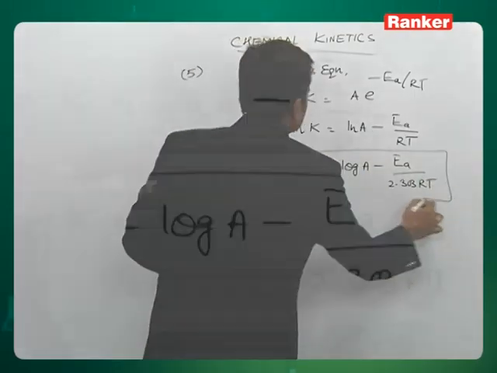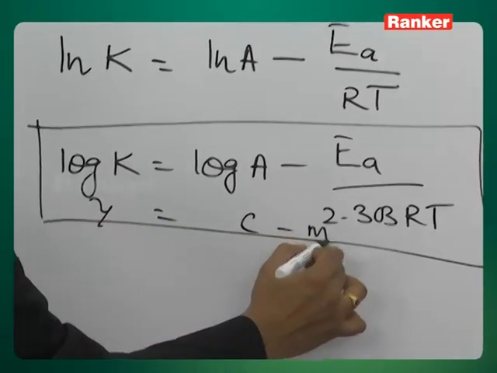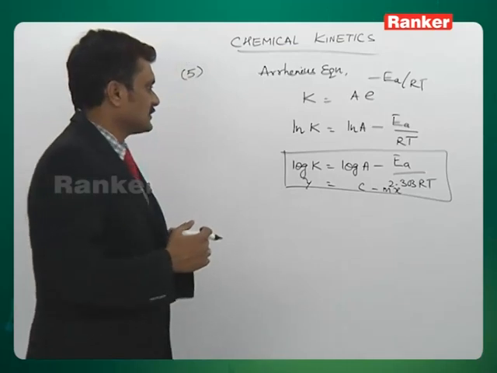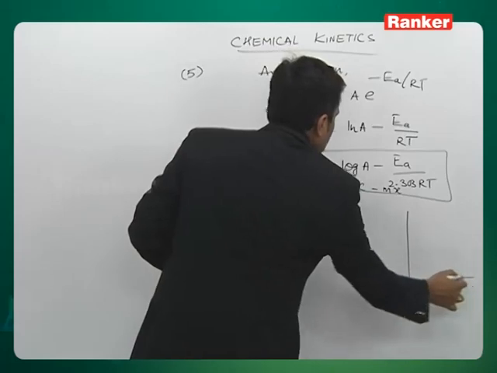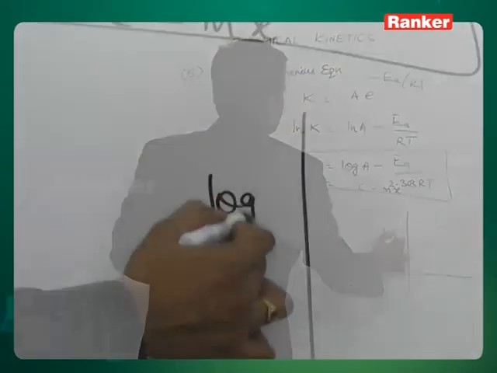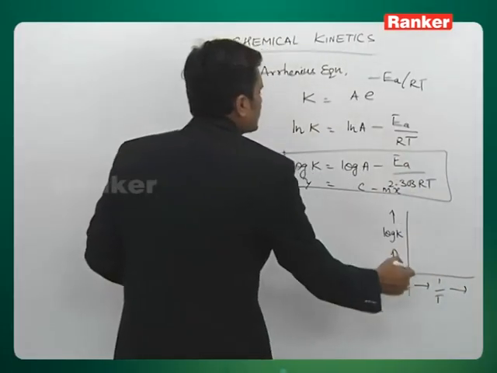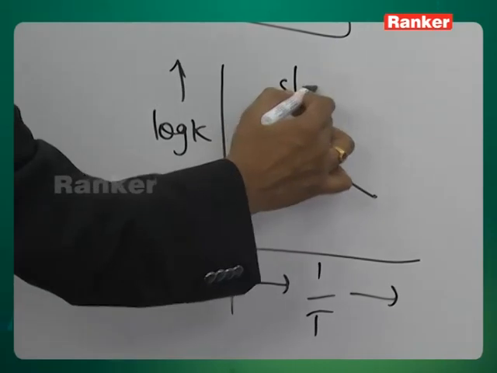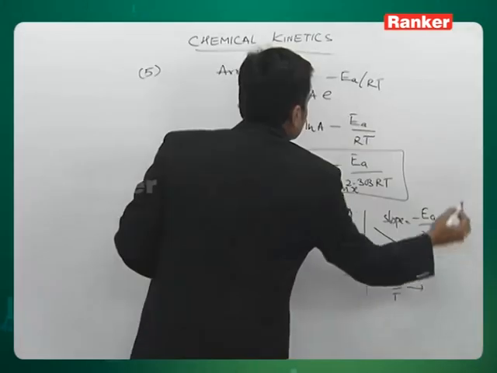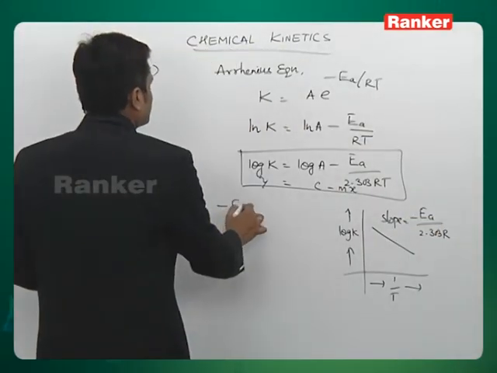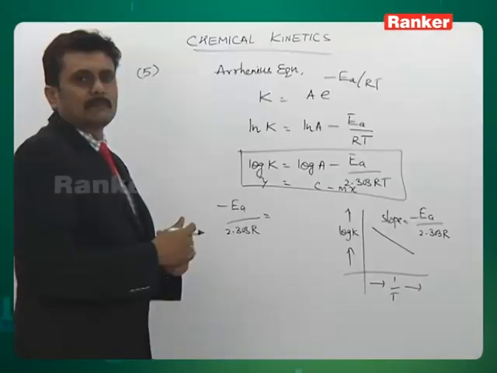And when this expression is compared to that of y equal to mx plus c, you will see that there is a negative slope. What I mean to say, that when I wish to plot a graph between log k versus 1 by T, you know that I am getting a straight line with a negative slope and slope being equal to minus Ea by 2.303 R. So the value provided to us is minus 6000.